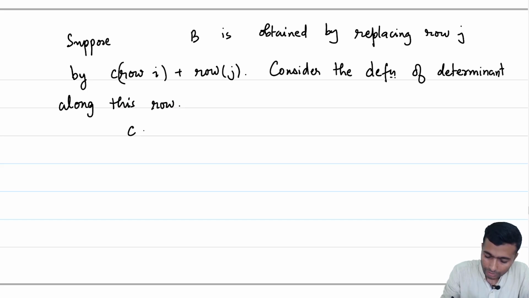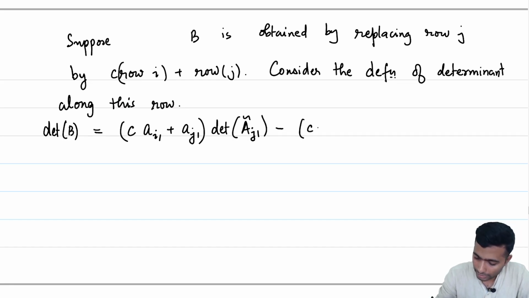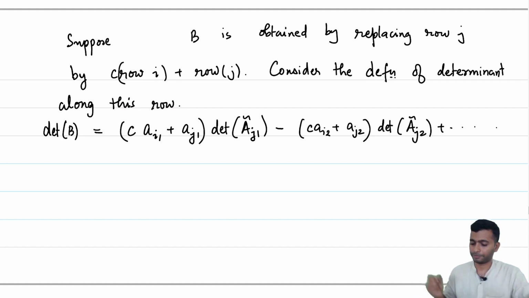Then the determinant of B will just be C times a_i1 plus a_j1 times determinant of A_j1 tilde, minus C times a_i2 plus a_j2 determinant of A_j2 tilde, plus so on.